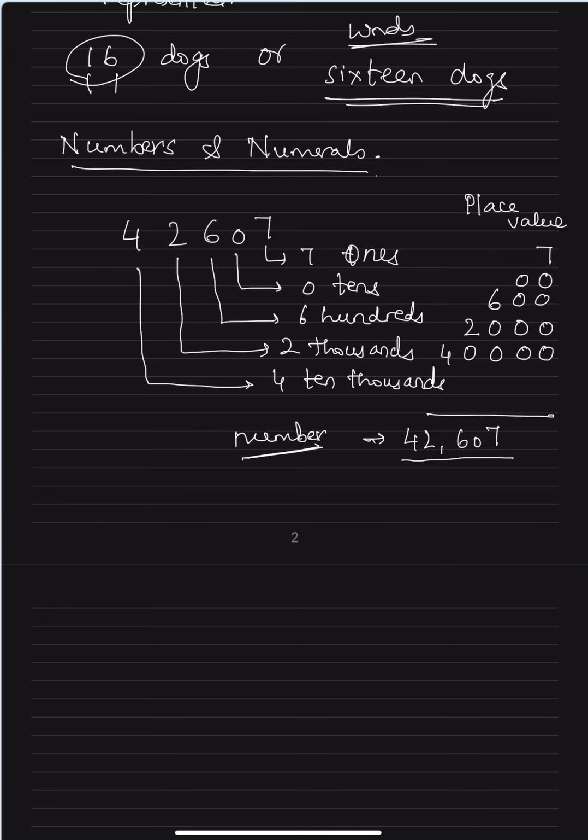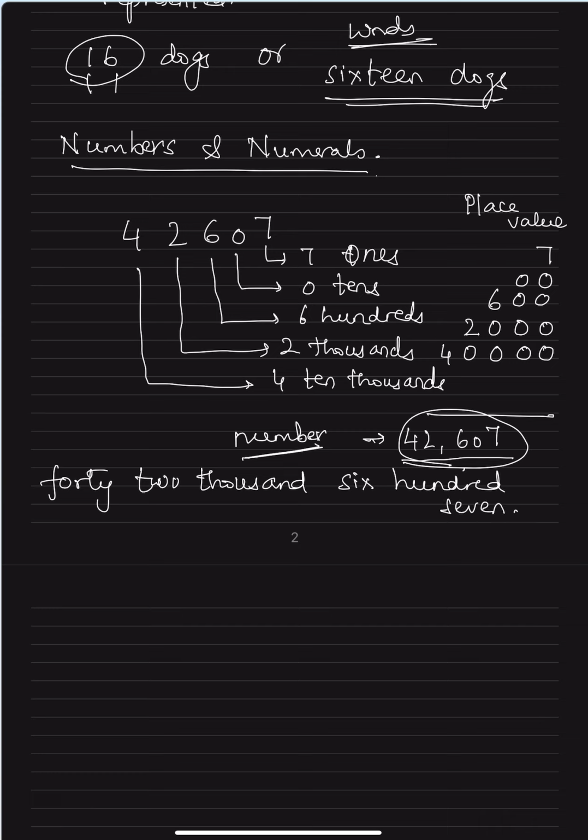Now you can write it in the numeral form, or you can write it in words. If I give you this in words, you will come to understand that in number form you can write 42,607.